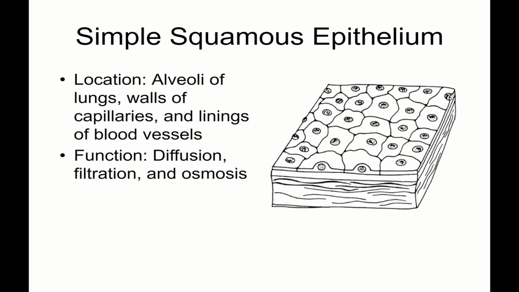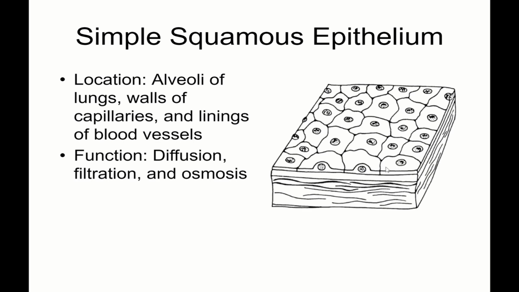Okay, so simple squamous. This is found in the alveoli of the lungs, and those are the air sacs of the lungs, and they are very useful for allowing for diffusion to occur because the cells are very thin. And if you look, you can see that connective tissue.